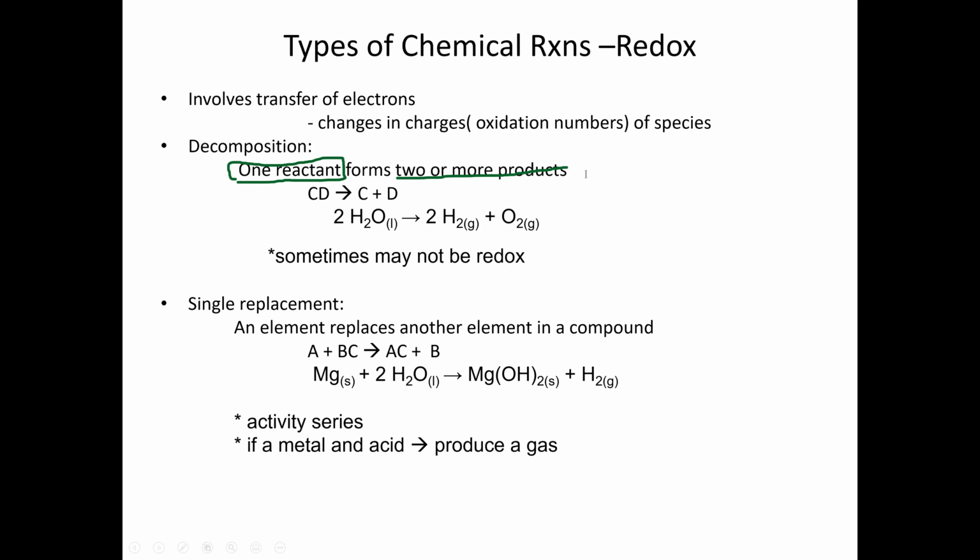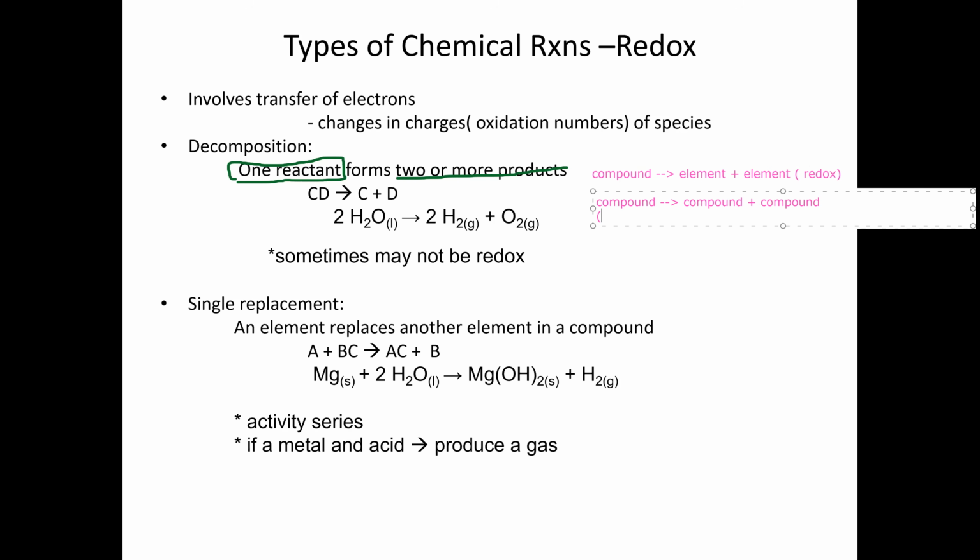It depends on what the compound decomposes into. If a compound decomposes into elements, for example 2 elements, it can be more than 2, this is redox. Or a compound could decompose into compounds. This is generally not redox.